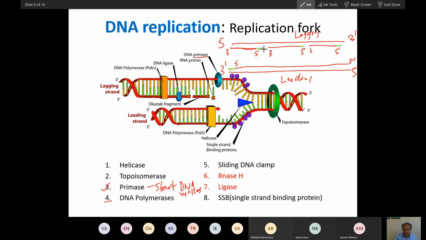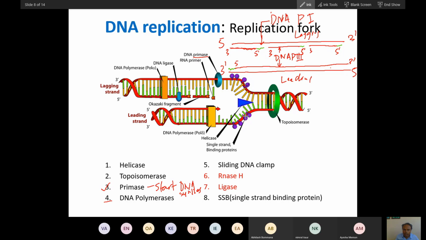And we will also see some other functions. Some DNA polymerase removes this primer, polymerizes, and fills this gap. A particular type that fills this gap is called DNA polymerase 1, which will remove this primer and fill the gap. Both of these synthesis are done by a particular group of DNA polymerase called DNA polymerase 3.